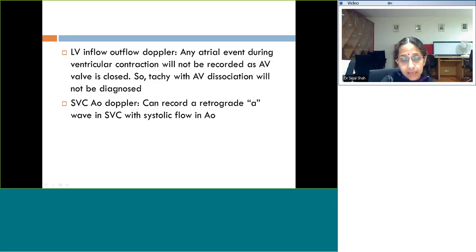In contrast, with the SVC aorta Doppler, we can record a retrograde A wave in the SVC with systolic flow in the aorta. So there is a little difference when you have tachyarrhythmias with AV dissociation, as we saw before, such as ventricular or junctional. In that situation, the SVC aorta Doppler is superior.